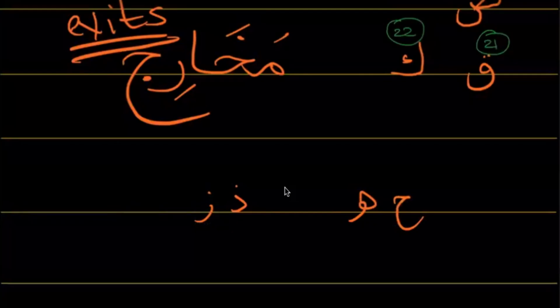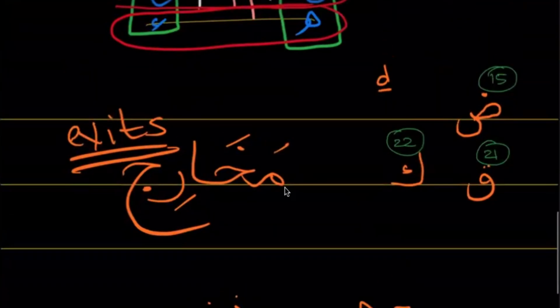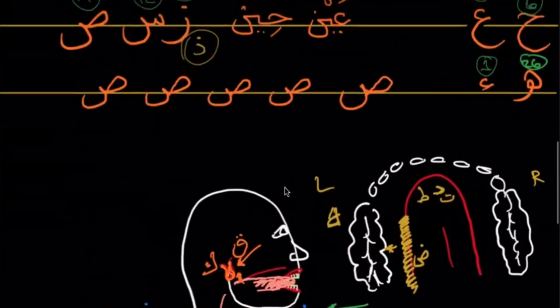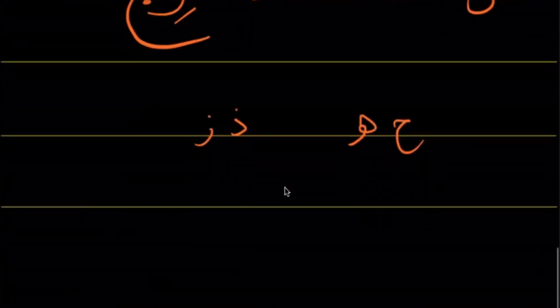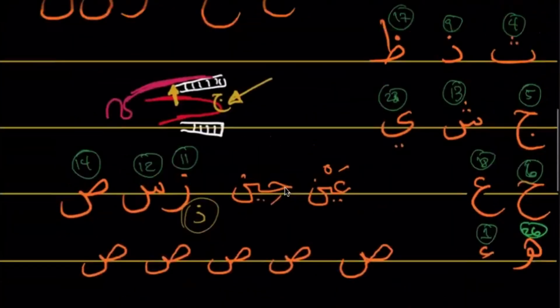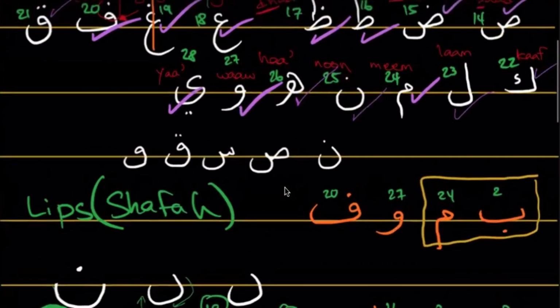We didn't put them next to each other here because we're not talking about the attributes of the letters. We're talking about the exits. From where do these letters emerge? Inshallah, we'll talk about the attributes of the letters later.